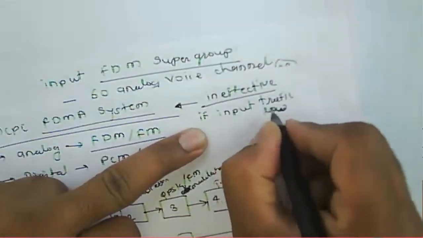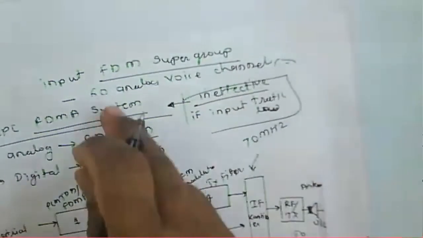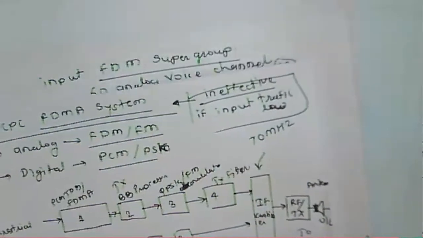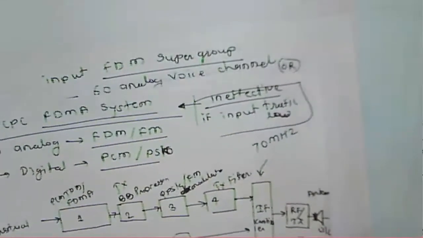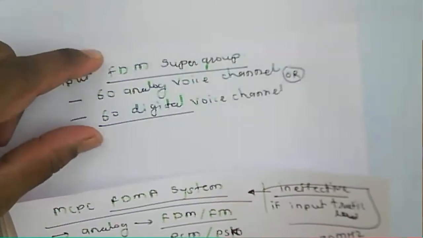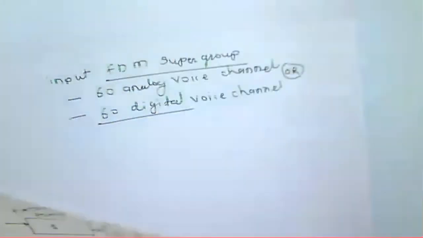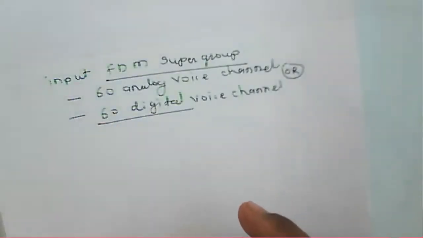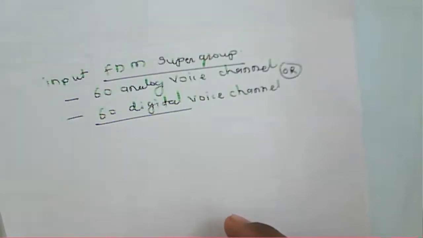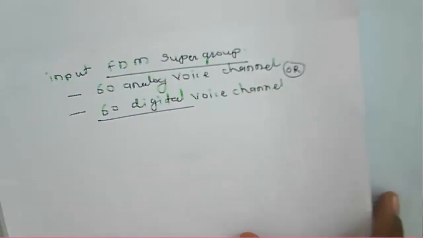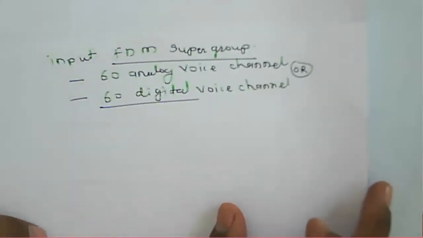For low traffic, this is not an effective system, because if channels or bandwidth are specified for this multiplex signal and some of the signals are not active, then this system will not be used effectively.